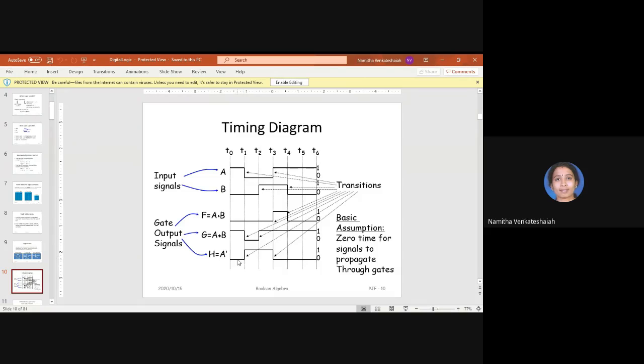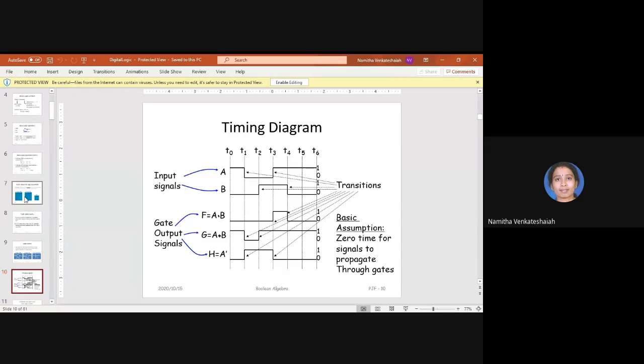And similarly, A dash is changing from 0 to 1 because now the value of A is 0, so A dash will become 1. So there is a switching from 0 to 1. Wherever there is a switch from one value to another value, we call it a transition. This word also you should remember: transition. You should remember input signals, output signals, timing diagram, all those things.